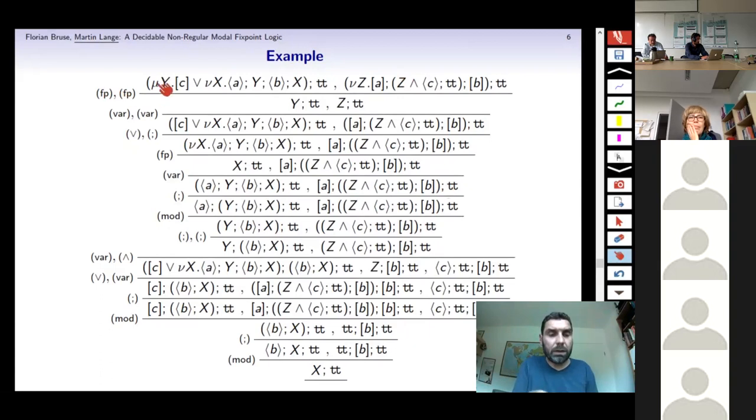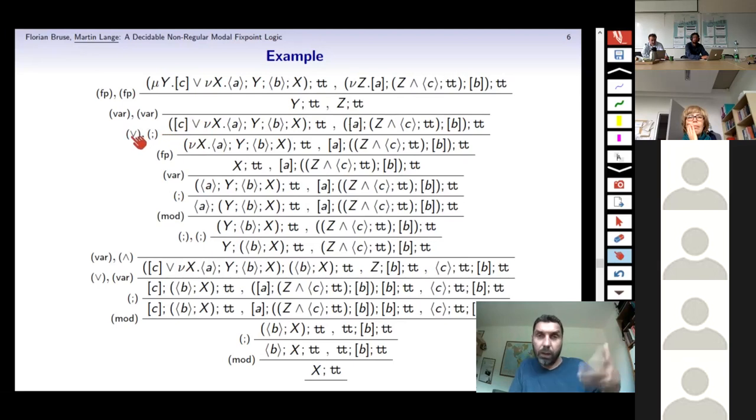So what's happening here, for instance, is we unfold a fixed point formula. This mu y, etc., becomes y, and this nu z, etc., becomes z, and then this y becomes the body of this fixed point formula, etc. Or here, we see that we have the stack on the left, separated by a comma from the stack on the right, and the stack on the left starts with a disjunction.